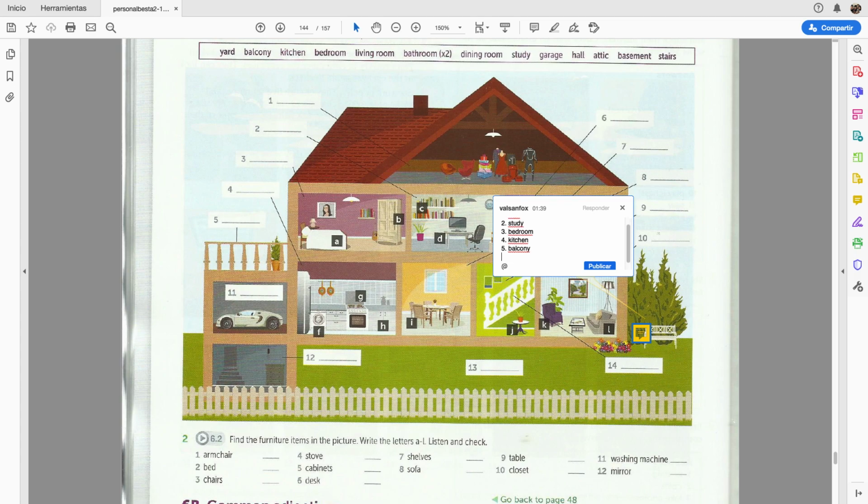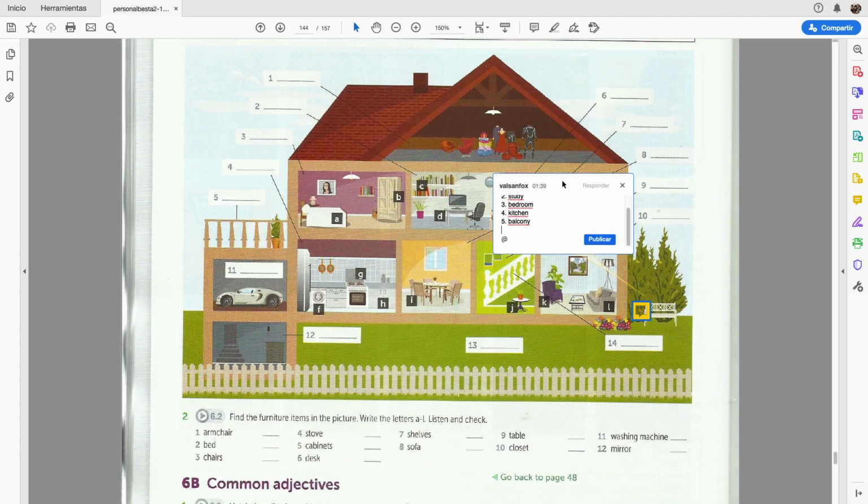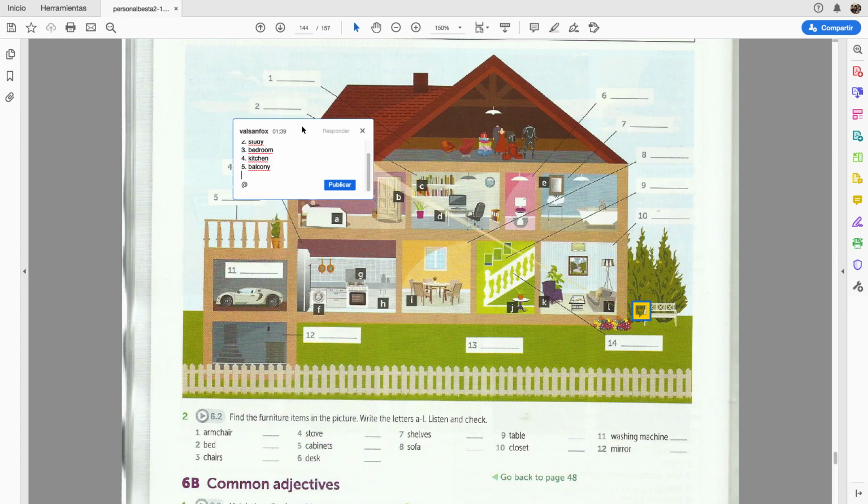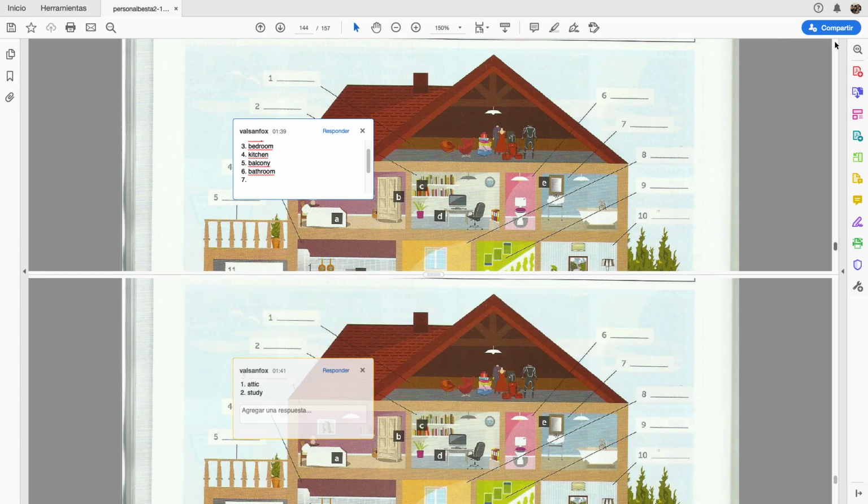In number 6, let me see what we have. Oh, here we have number 6 on this part. Okay, here we have number 6. That would be the bathroom. In number 7 we have, is it another bathroom? Oh, what happened here?